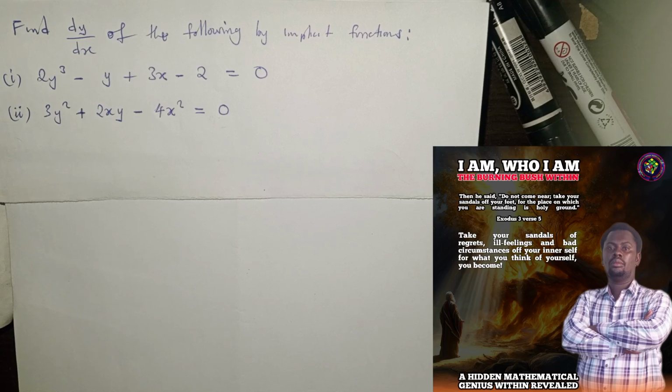But since we are told that we need to differentiate with respect to x, it's y with respect to x. So when a variable is not in terms of x, remember that when you differentiate it, multiply by dy/dx. Okay, so let's start with the first one.